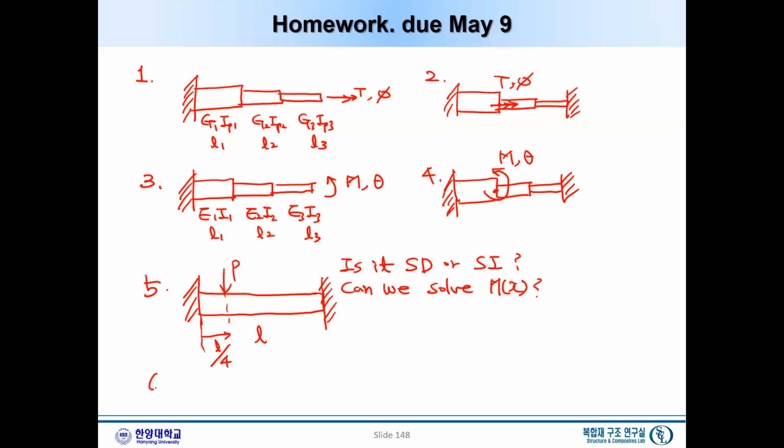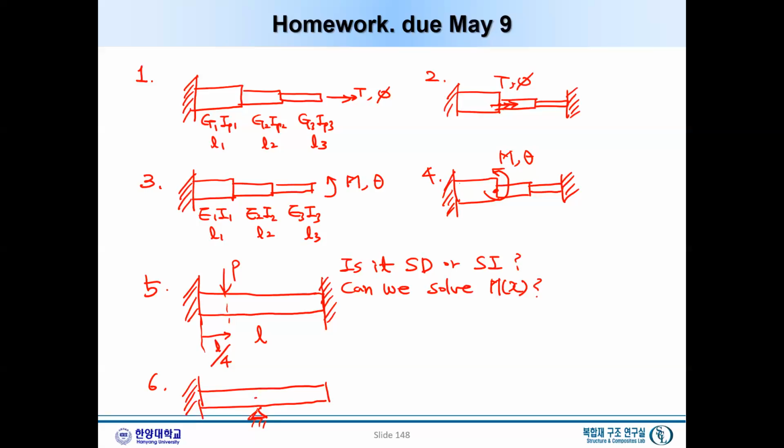And number 6, we have a clamp and another beam, and at the center we have a simple support. Again, with a simple support, the moment is allowed, and only vertical deflection is restricted.